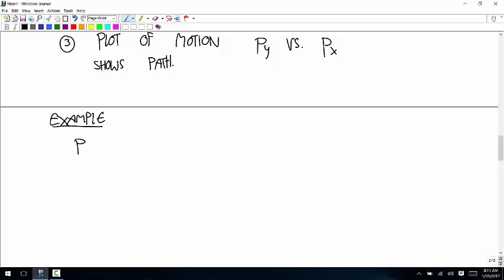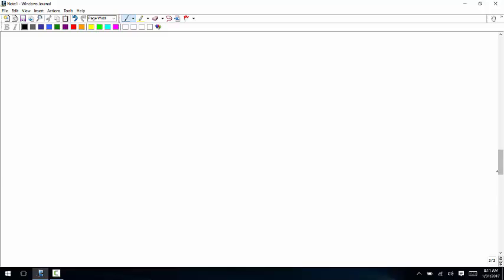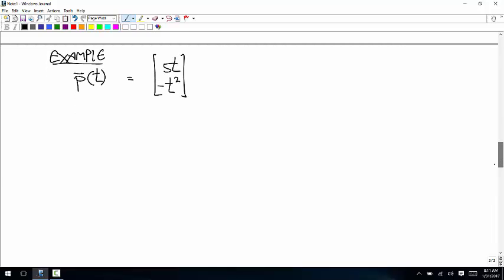So let's say that the position vector as a function of time is 5t, negative t squared. Then a plot of the x position versus time. This is the x position, this is time. We're just plotting the function x equals 5t.